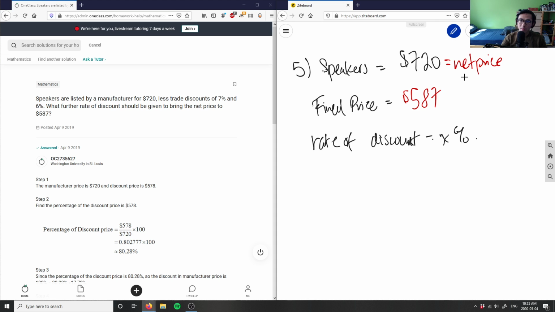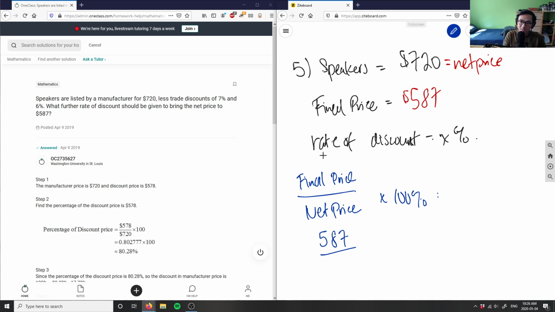I'm going to take the final price, divide it by the net price, and multiply by 100%. This gives me what percentage the final price makes up of the net price. So the final price is 587 over the net price, 720, times 100%.